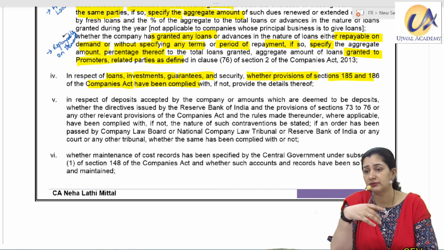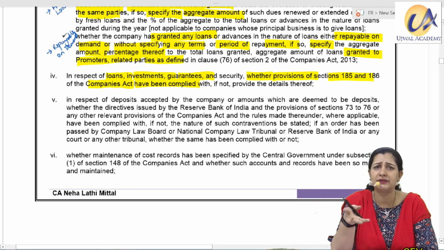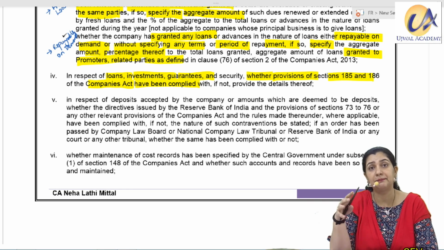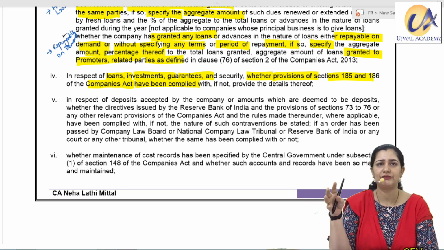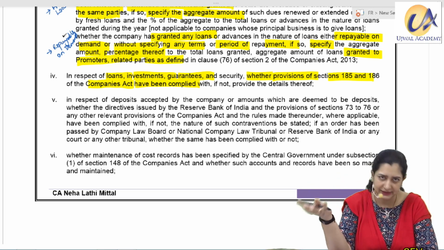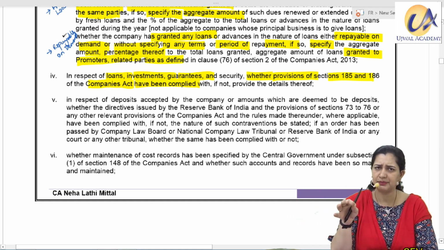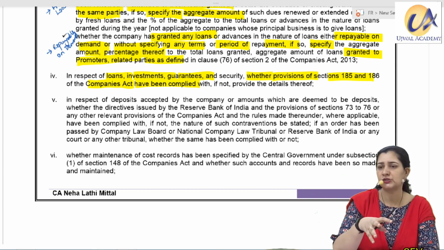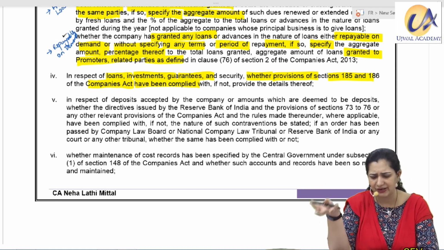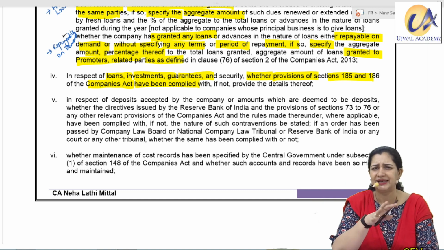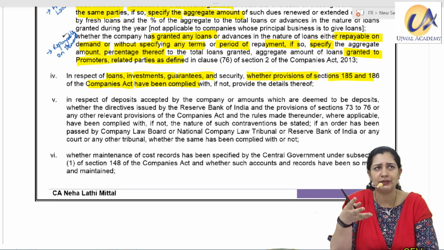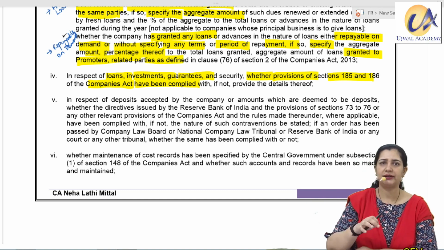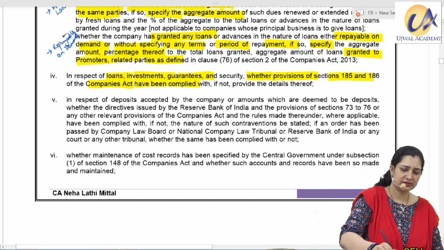Also, they talk about amounts given to directors and related parties. In simple words, whether compliance of these sections 185 and 186 has been done. It's a very simple clause just saying whether they have fulfilled the conditions. These two sections you learn in CA Final. CA Final students already know these sections. Inter students, they're not expecting you to know the section content, but at least you should know the point, whether it has been followed.